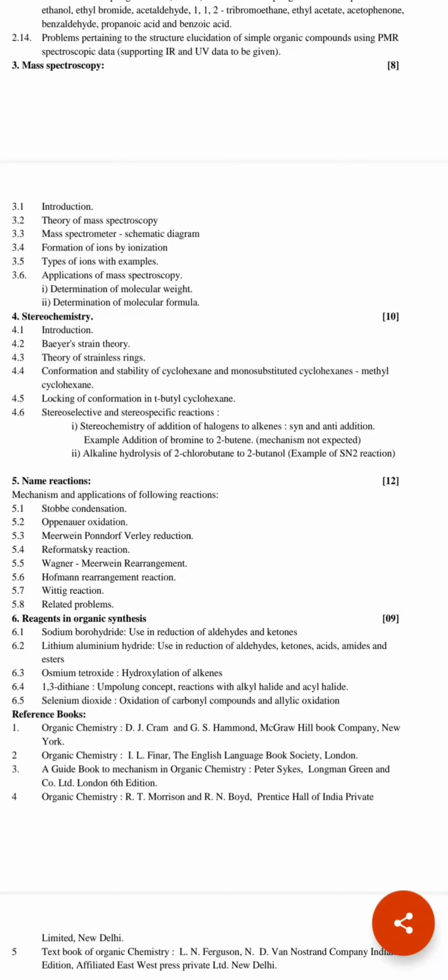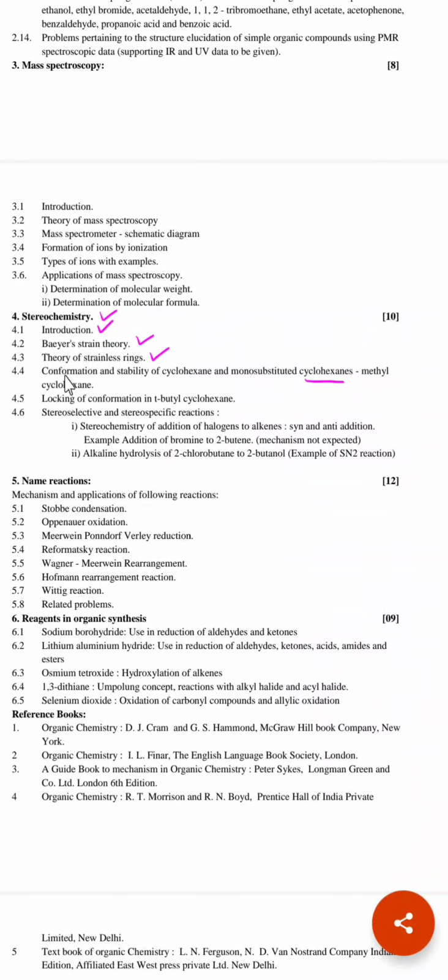After studying mass spectroscopy, we will see the stereochemistry. Introduction of stereochemistry, Baeyer strain theory, theory of strainless ring, then conformation and stability of cyclohexane and monosubstituted cyclohexane.